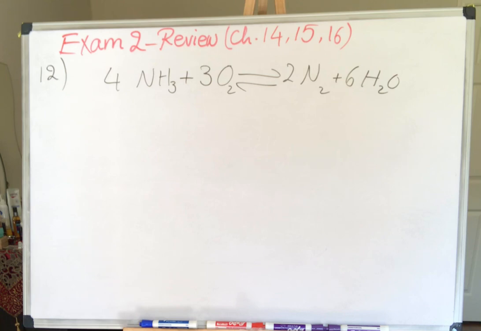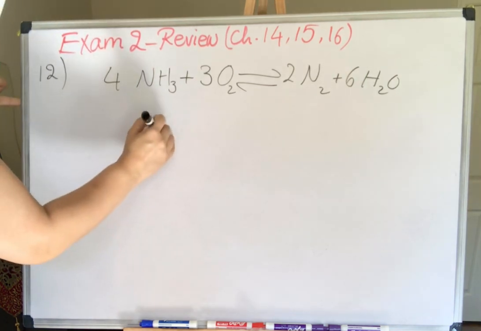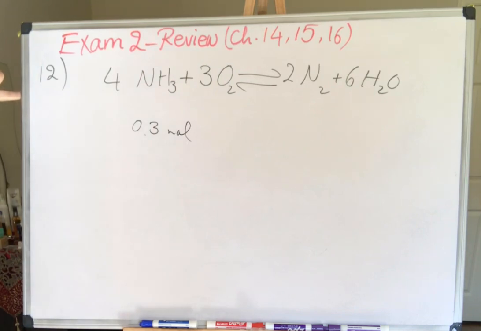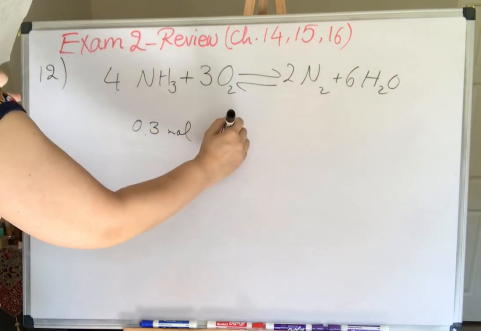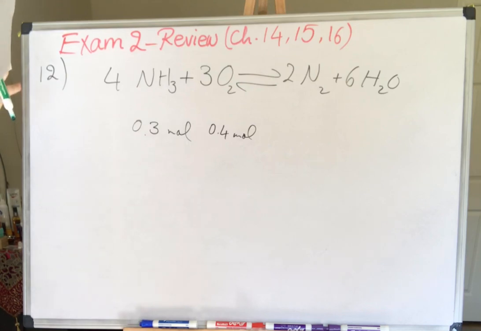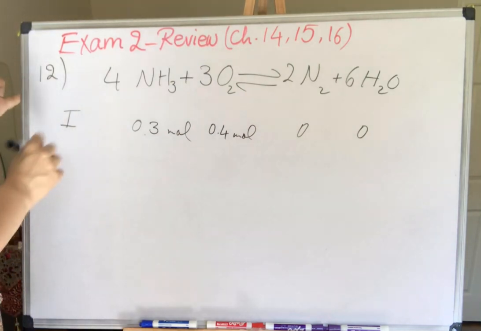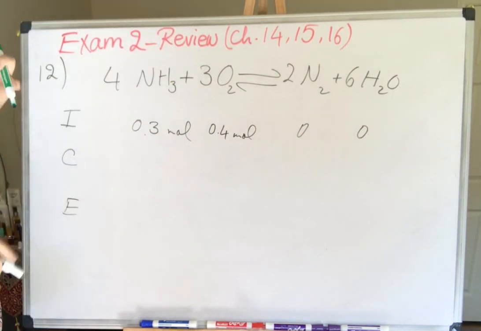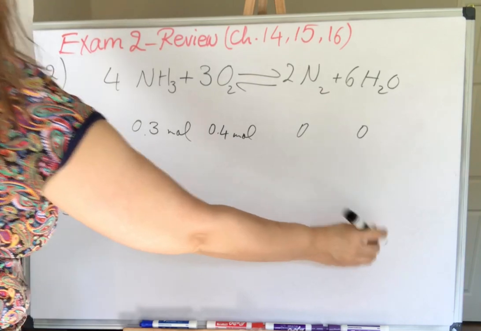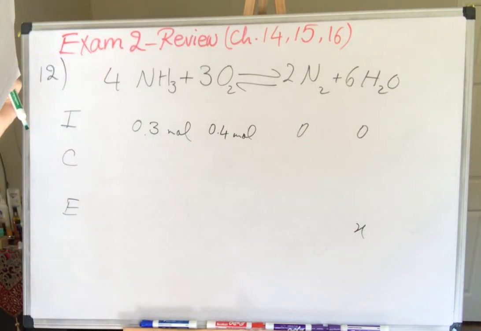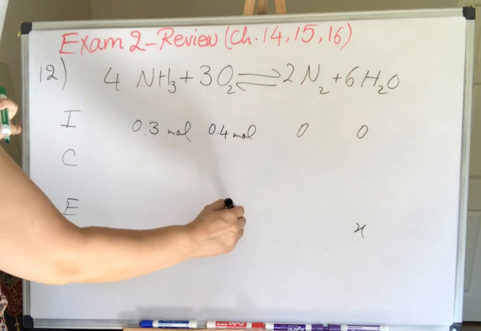Suppose that 0.3 moles of NH3 and 0.4 moles of O2 are added to a 5-liter container. If X moles of water is present at equilibrium, so this is the initial condition, which is 0 and 0. And at equilibrium, you have X moles of water present. We are going to find the equilibrium concentration of oxygen.